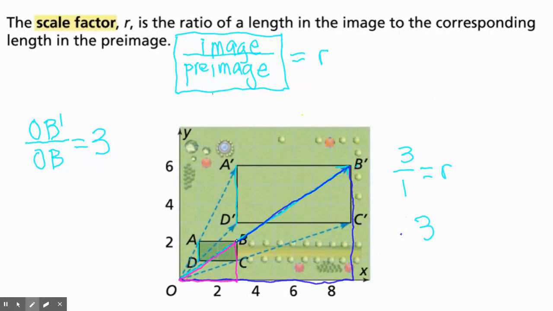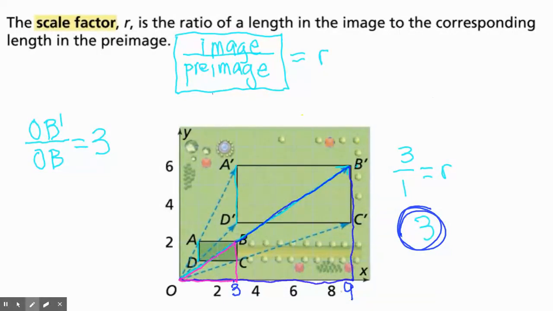The distance from O to B right here, which is 3, should be in proportion the same scale factor. This should be 9 because we have our pre-image multiplied by the scale factor, which is 3, should be equal to the distance away from origin here. And it's true, it's 9.